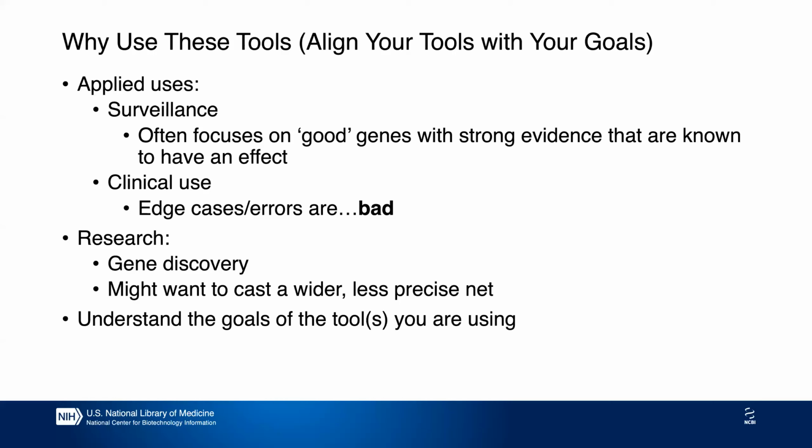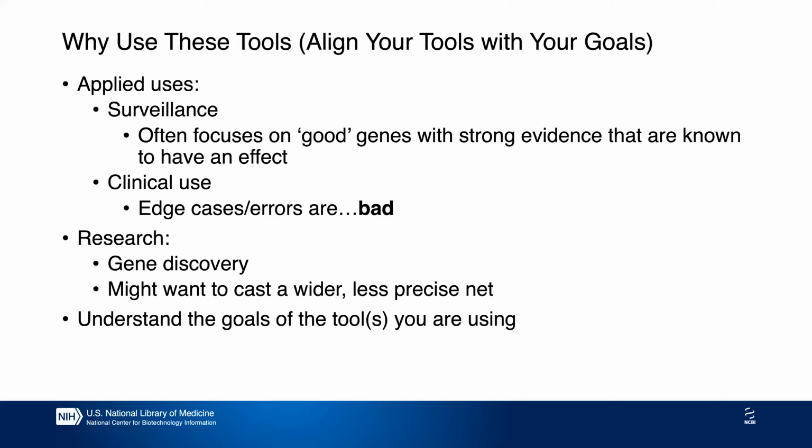Another applied use is clinical work. And what a computational scientist might refer to as an edge case, oh, that's a really weird error that was made, that's a problem for a clinician. So these applied uses often lead one to be more conservative. On the other hand, there's research, and this involves gene discovery, and there you might want to cast a wider, less precise net.